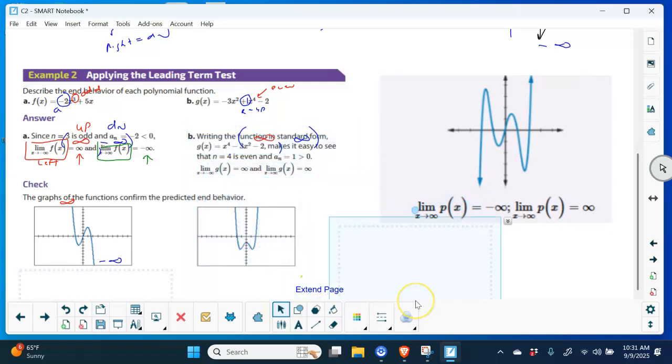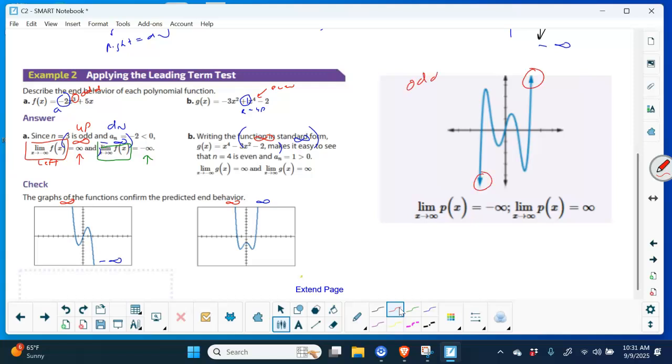And sure enough, when you take a look at the example, we see that this thing on the left is infinity, and on the right it is infinity. Now, look at this last example here. Is the power of this going to be even or odd? Well, because it's opposite, it's got to be an odd power.